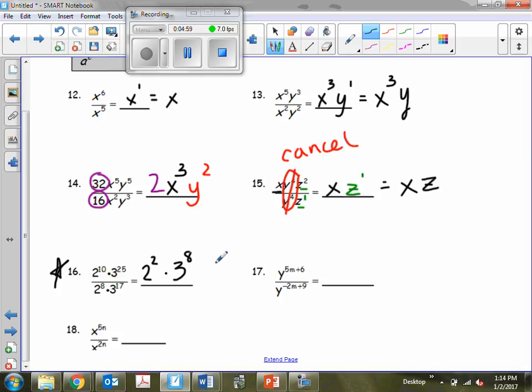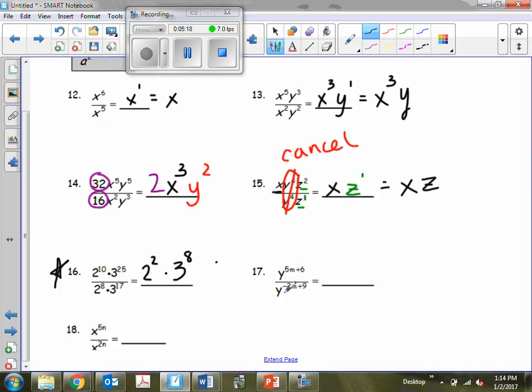Now number 17 and 18 are also very special, and that's because they are turning into algebraic representations. Whenever I am looking at these kinds of algebraic representations, I still combine them like I normally would.